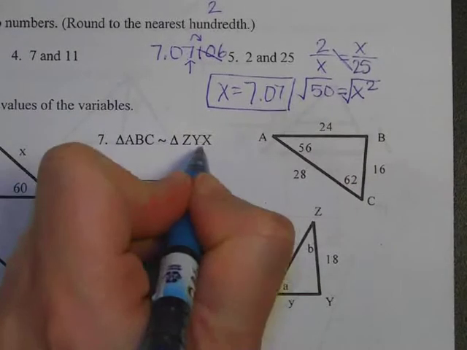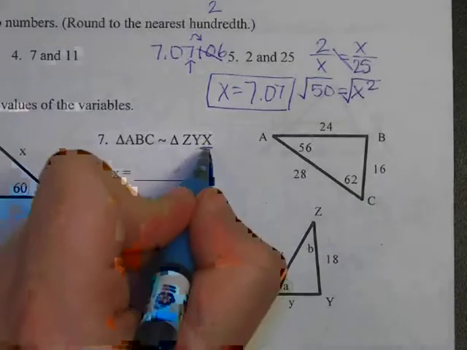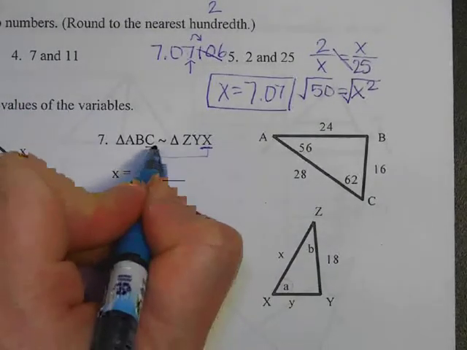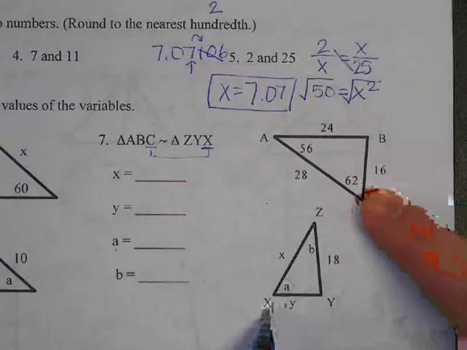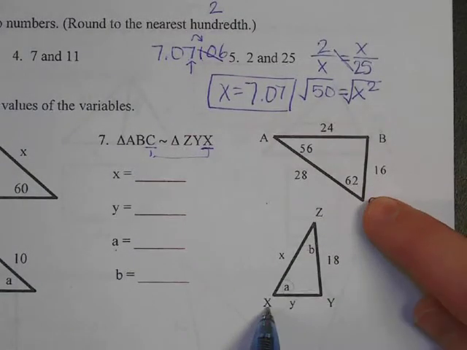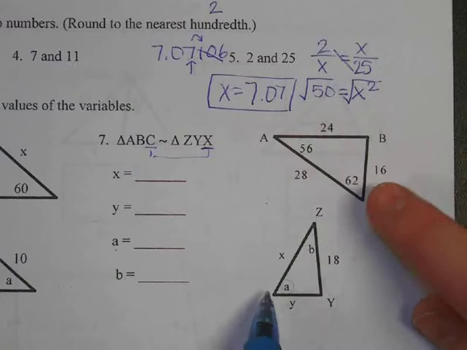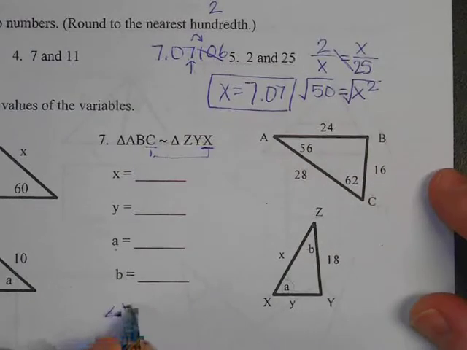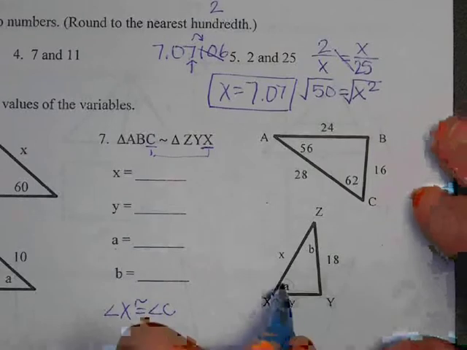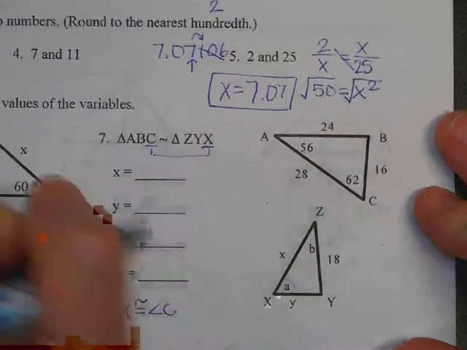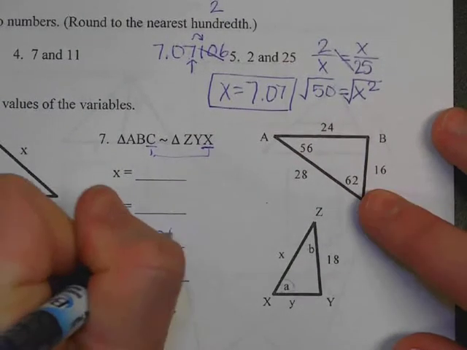And since x is a last name, it needs to correspond to the last name in the first triangle. So x and c should both be the exact same value, because if polygons are similar, their angles are congruent. So angle x is congruent to angle c, and therefore I can say A, the measure of angle x, must be 62 degrees as well.